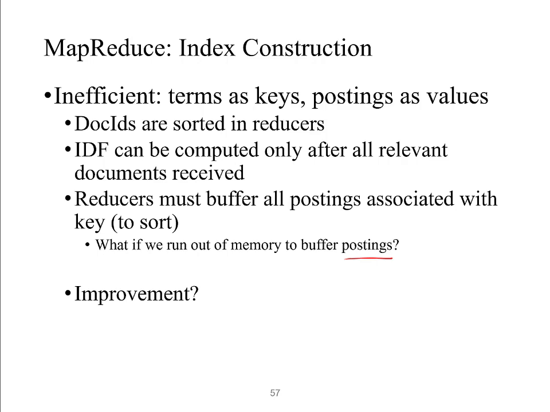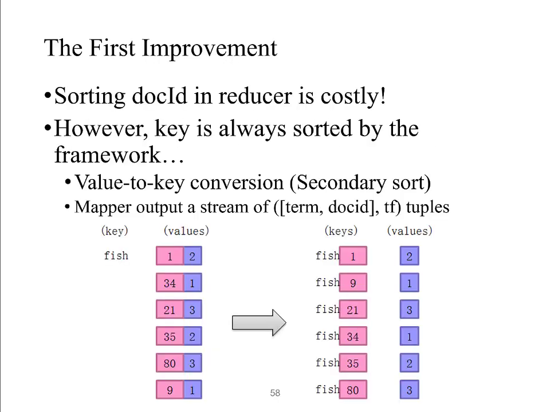Although when we run out of memory, we can put some of them to the hard drive and do the sorting based on memory and hard drive, but apparently this will bring much more time cost. All right, so in order to make the improvements, the first improvement is targeting the sorting part. So we know that sorting the document ID in reducer is costly.